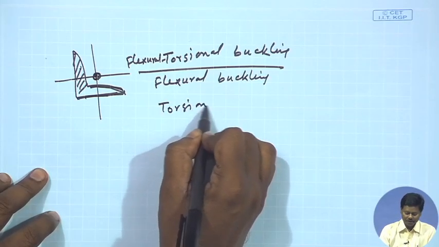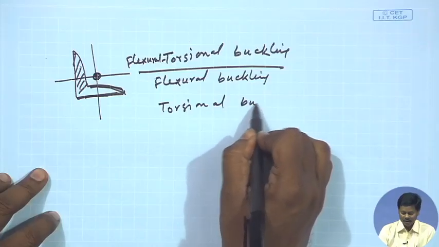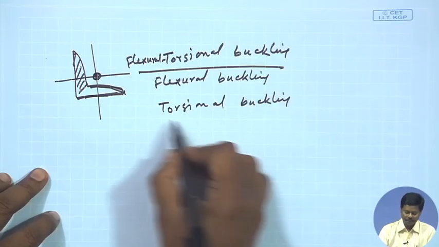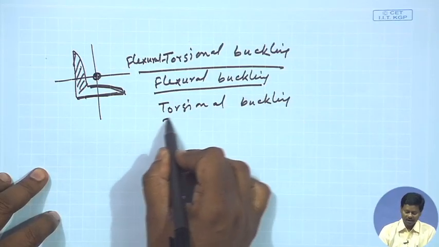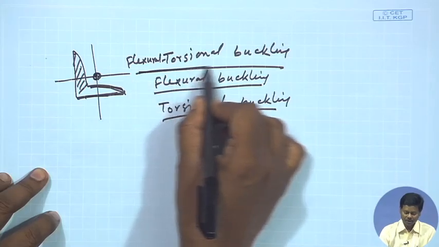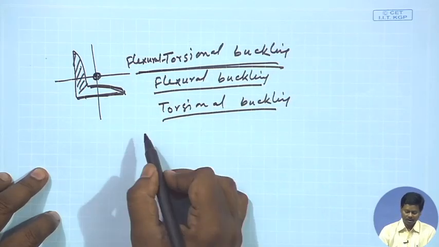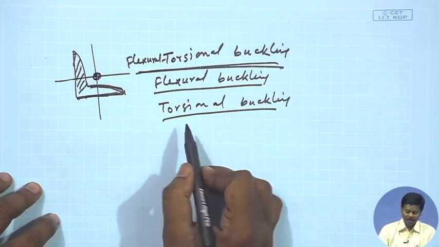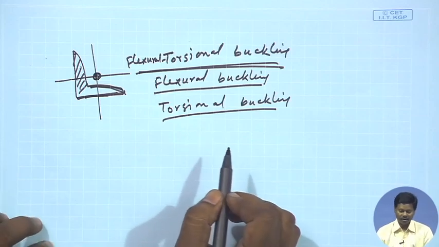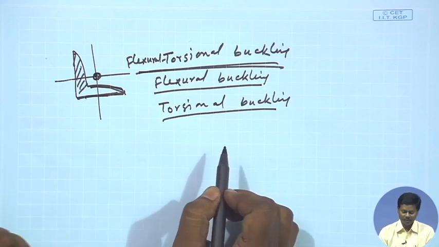So, three types of buckling will come into picture: one is flexural buckling, another is torsional buckling, another is flexural torsional buckling. And the combination, flexural torsional buckling, can be calculated from a formula which is given in clause 7.5.